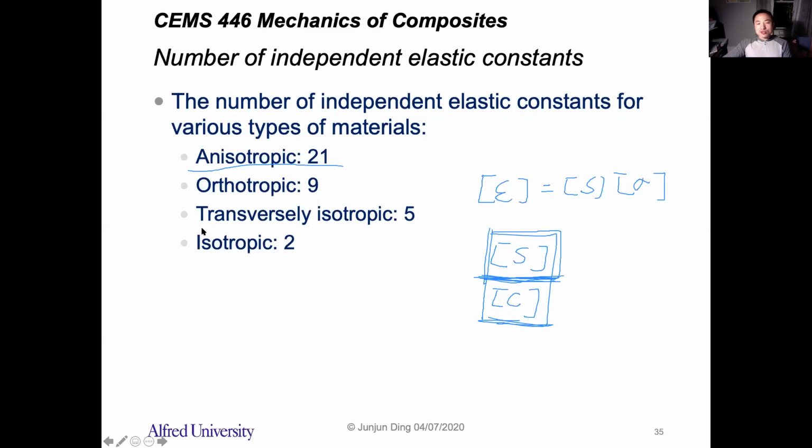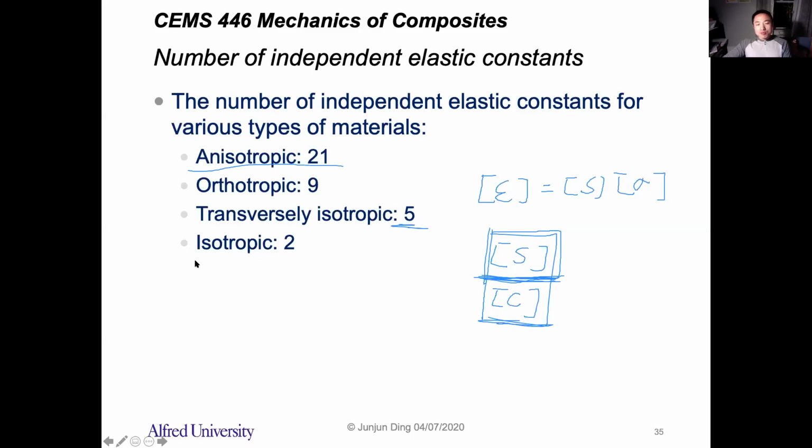If you further have one isotropic plane, this material becomes a transversely isotropic material, which can be the case for our lamina. Then you have 5 independent constants.